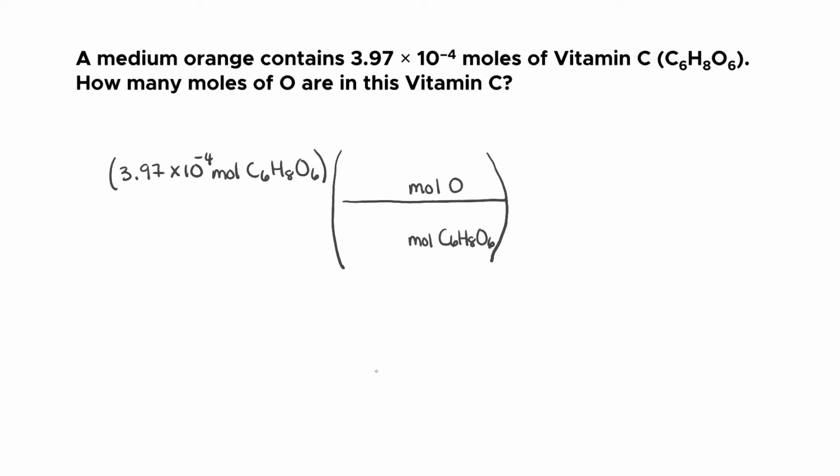If we look at the chemical formula of vitamin C, we can see that there are 6 oxygens. So the numerator would be 6 moles of oxygen compared to 1 mole of vitamin C.